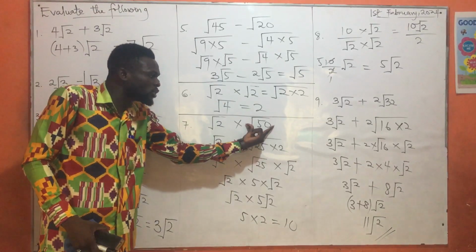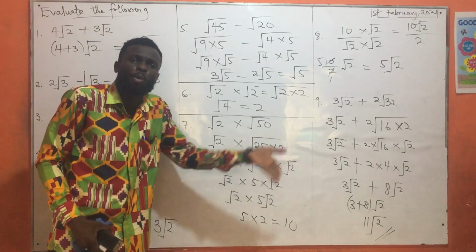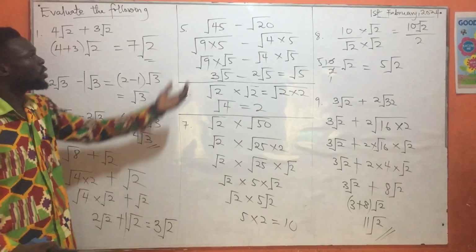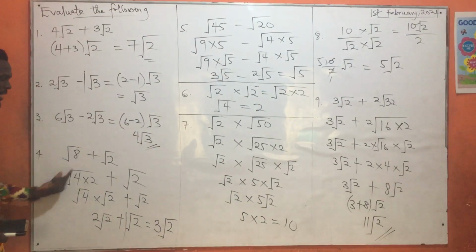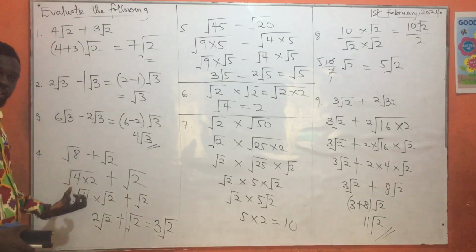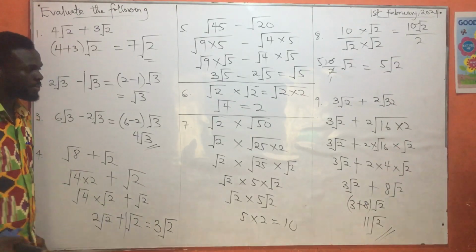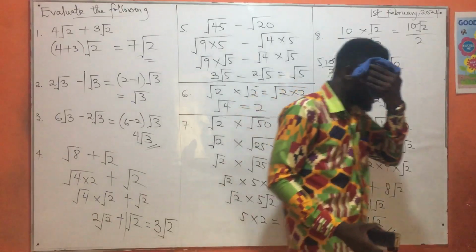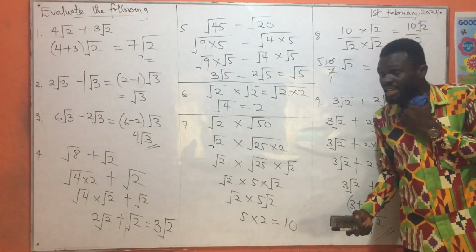Just convert the root 50 into a simple basic surd form, then you multiply. And if you see you can't perform the operation, just convert each, if possible, to a simple surd form, then you perform the operation. These are the basics in surds which we are to look at.